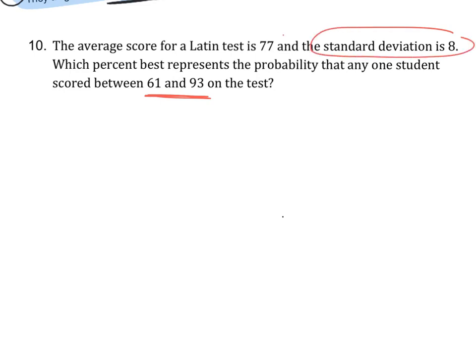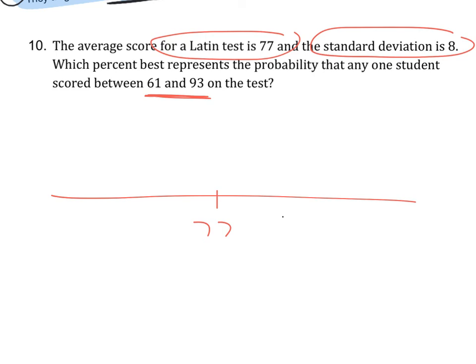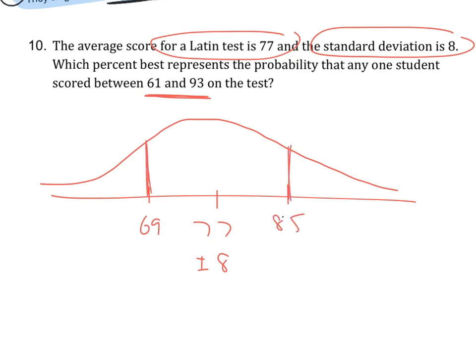Here they tell you the average score is 77 and the standard deviation is 8. So I could add and subtract 8 from the mean to get between 69 and 85. So that's the range that's within 1 standard deviation of the mean. That's the range that contains 68% of the data.